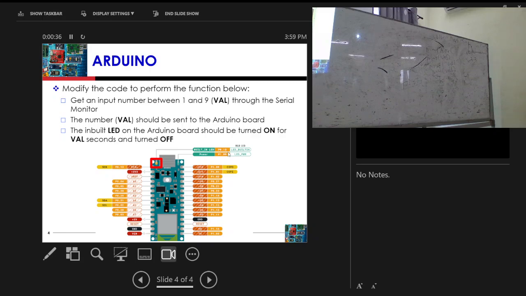I'll enter 1, 2, 3, up to 9, and this number should be sent to the Arduino, which will turn on the input LED. You know there's an input LED here. Turn the input LED on for the number of seconds I entered. If I entered 5, turn the input LED on for 5 seconds, and then turn it off.